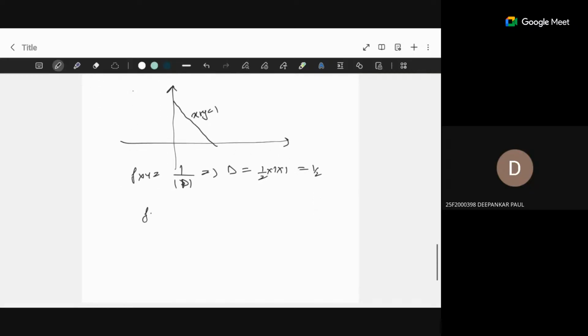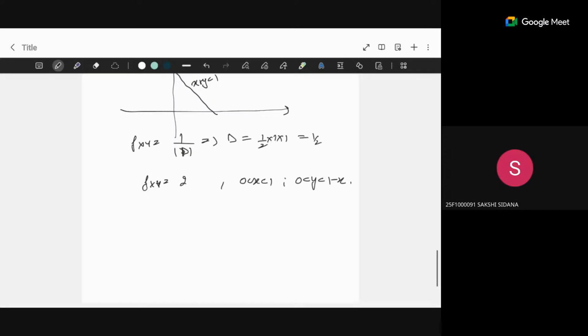So my f(x,y) will be 2, where x is going from 0 to 1 and y is going from 0 to 1 minus x, correct? Yes, ma'am.